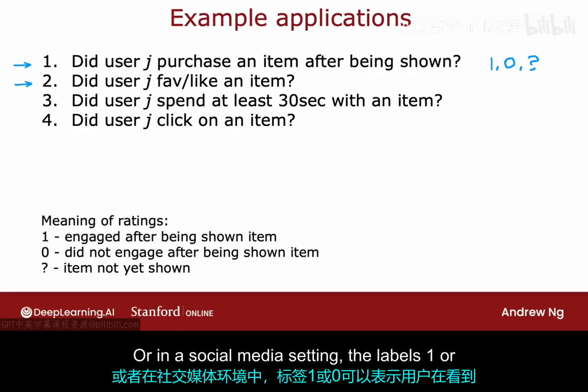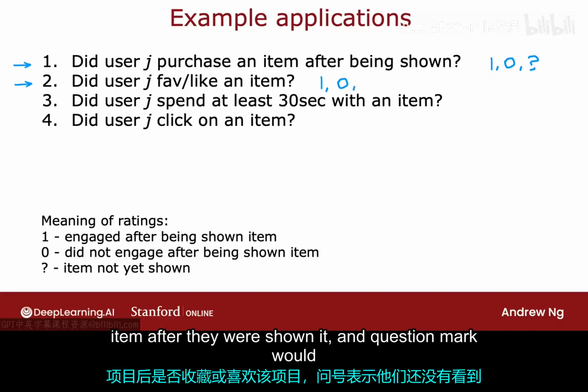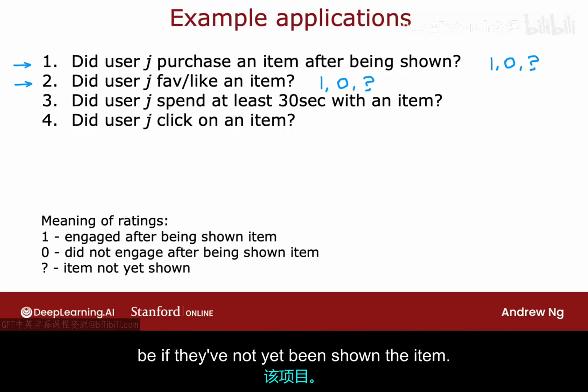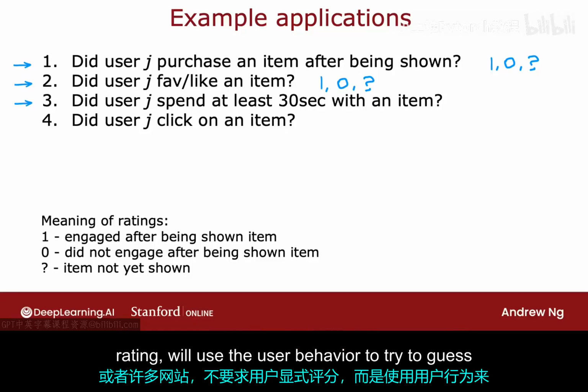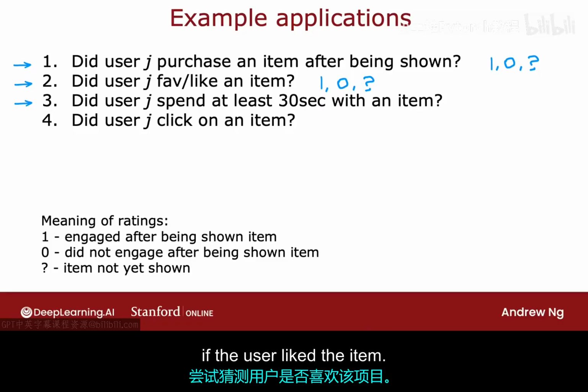Or in a social media setting, the labels 1 or 0 could denote did the user favorite or like an item after they were shown it, and question mark would be if they've not yet been shown the item. Or many sites, instead of asking for an explicit user rating, will use the user behavior to try to guess if the user liked the item.